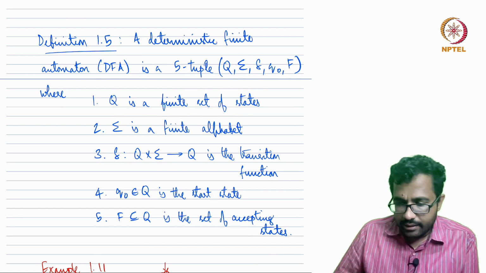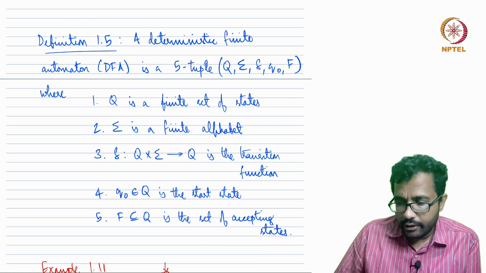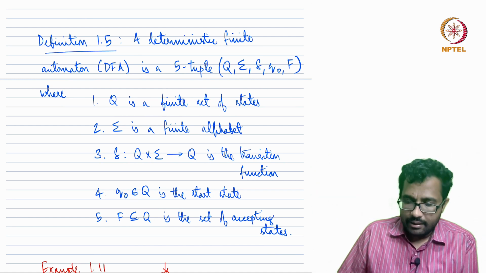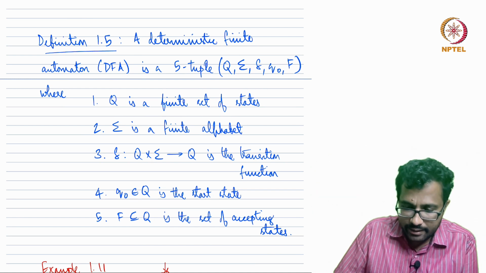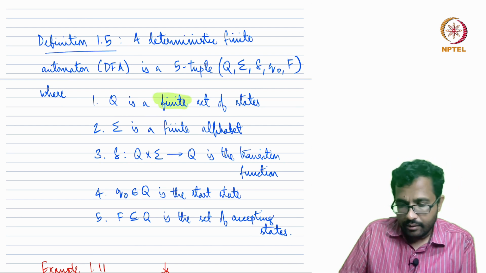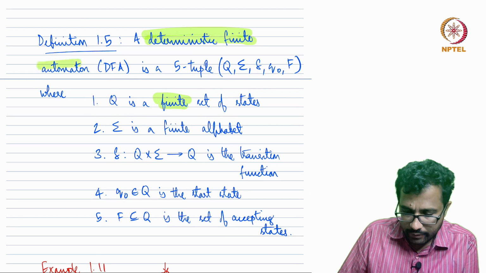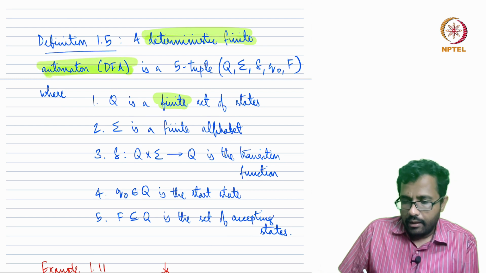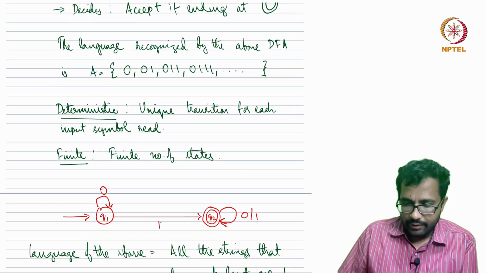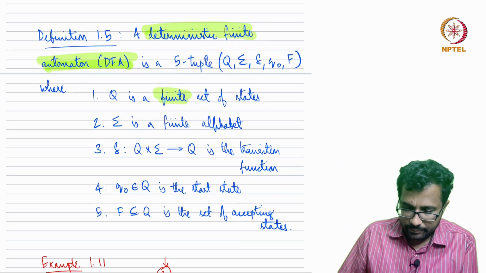So it contains Q, sigma, delta, q0 and F, right? So Q is the set of states. The set of states is finite. This is the definition of a deterministic finite automaton. Even in this picture we saw the set of states was finite. We didn't draw any infinite set of states.